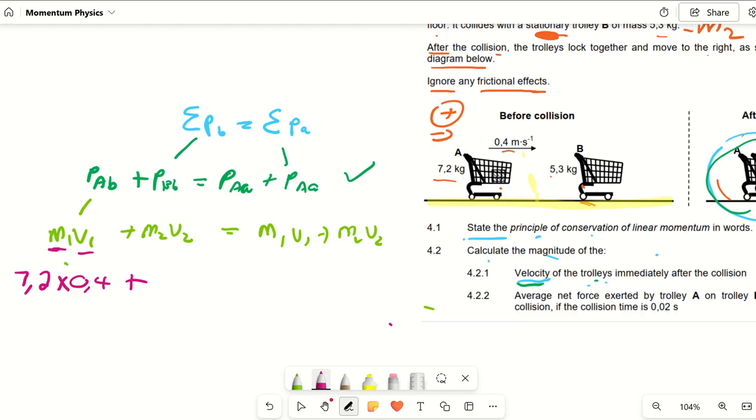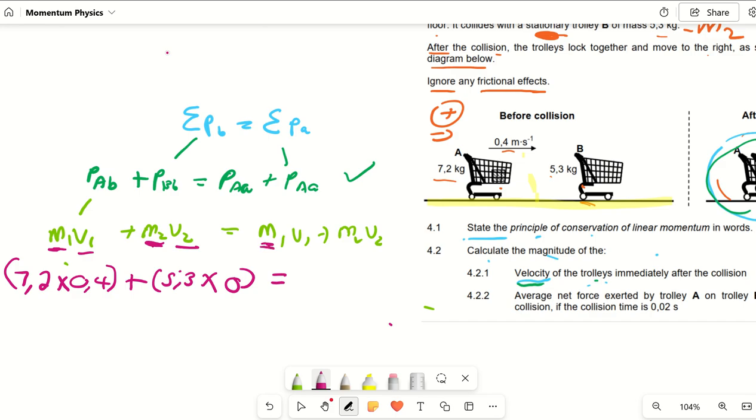Okay, velocity is just meters per second; meters per second squared is acceleration, so that's just 0.4 meters per second. Yes. What is my m2? What is my v2? Yes. Why do you say 0? All of us understand that. That's good. Fantastic.